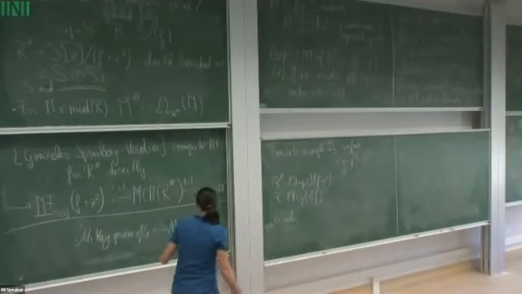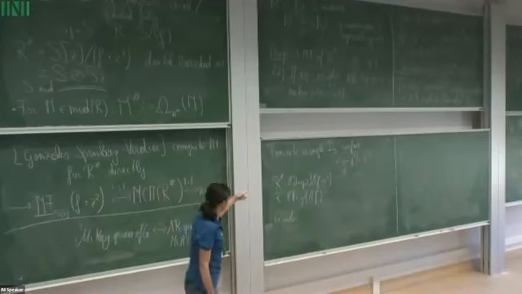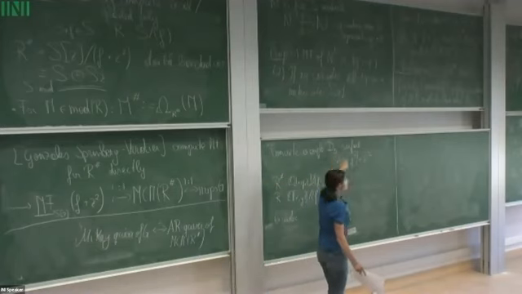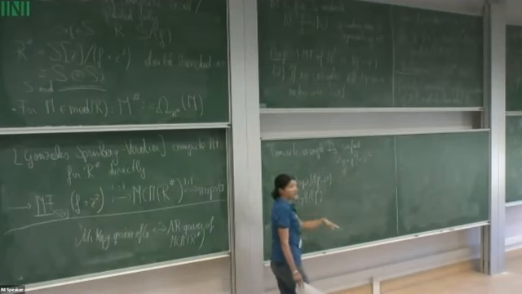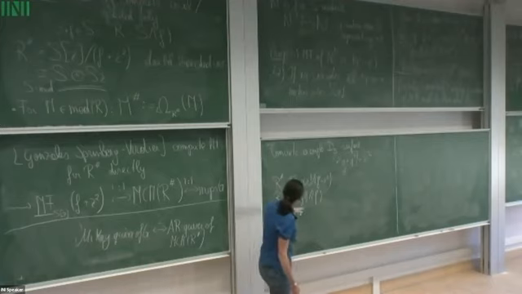And so the McKay quiver of ADE always corresponds to the corresponding extended Dynkin diagram. So this means it's an extended D5.